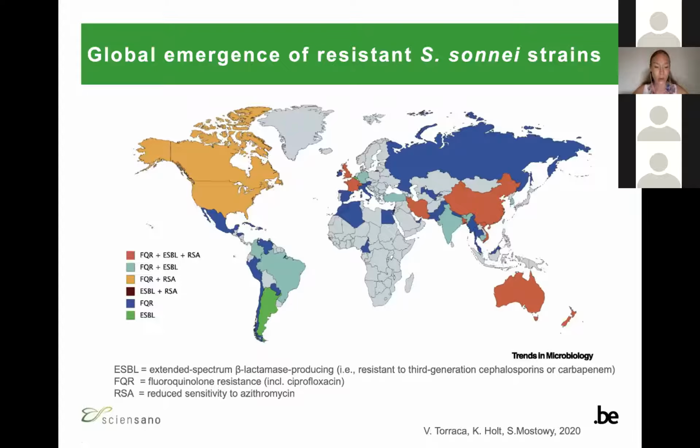We have also Shigella which are resistant to fluoroquinolones, including ciprofloxacin, which here you can see in the blue color coding. And we have reduced susceptibility to azithromycin, or RSA. And worst of all, you can see here that we have a combination of different resistance mechanisms to different antibiotics, which of course is the most concerning to us.